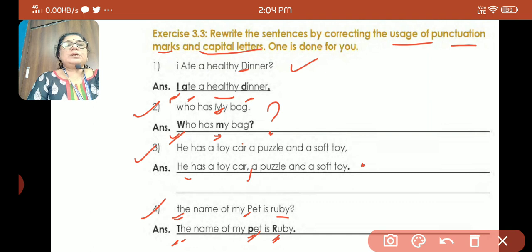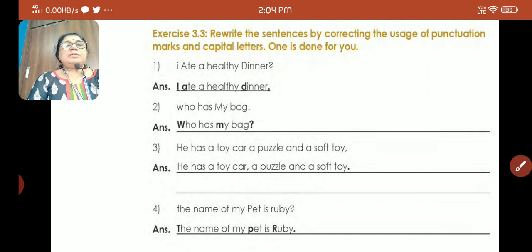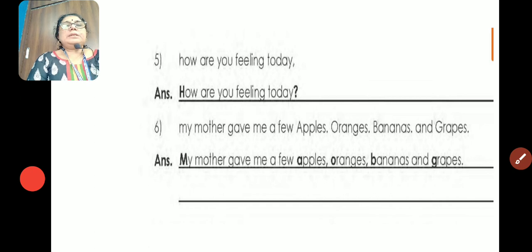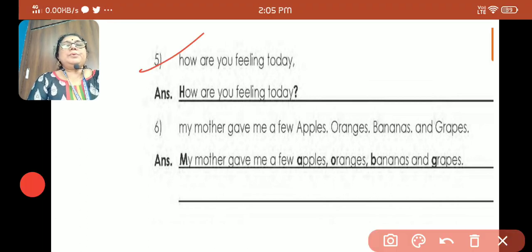Now let's go to the next part. Now here the question is, how are you feeling today? We are doing the fifth one. Now what is this? This is a question, so it will end with a question mark, right?